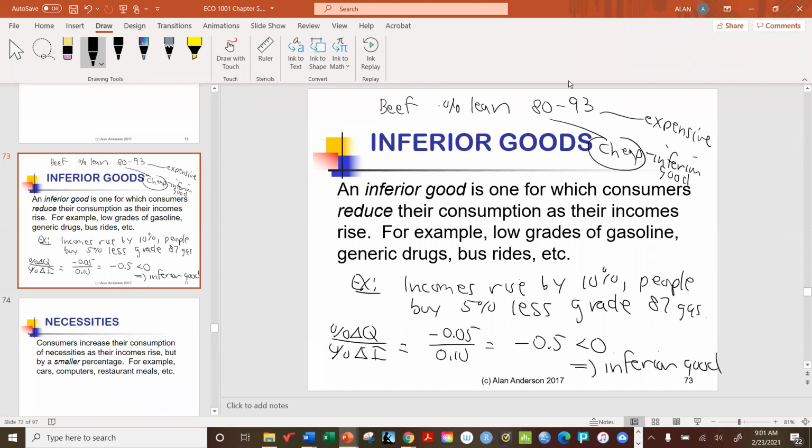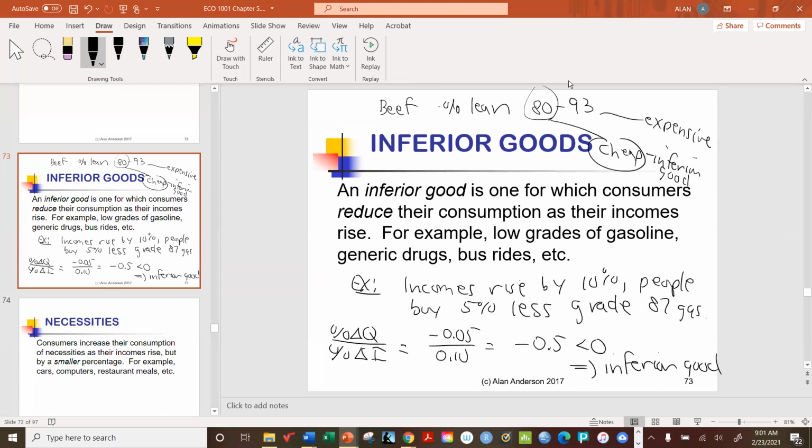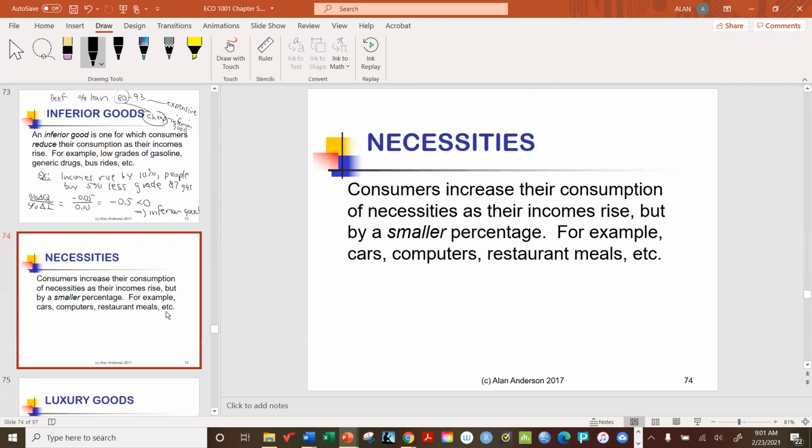But if you're used to buying 80, and you say, oh, it's time for 85 or 90, it would be because your income goes up. And I'm sure you can think of a million other examples. Now, among the normal goods, the necessities are the ones where we're looking at an income elasticity between 0 and 1.